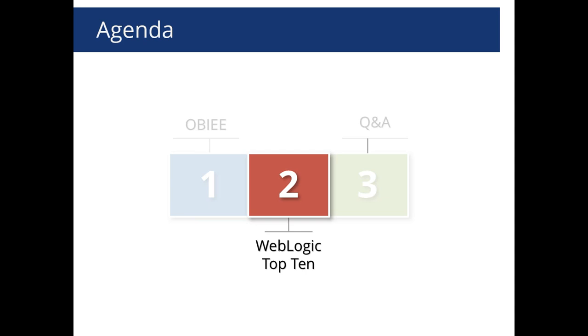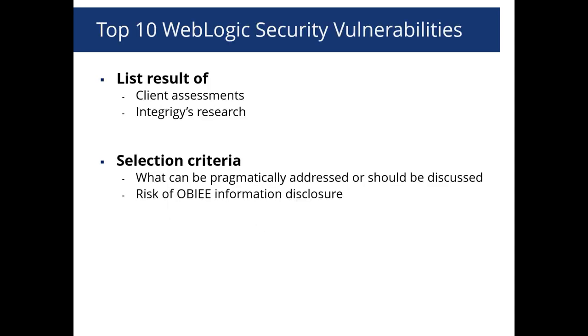With regard to the top 10 list that we're now going to be sharing with you, this list, as noted, is the result of client assessments as well as our own research. What we have selected to share with you here today is twofold, really.